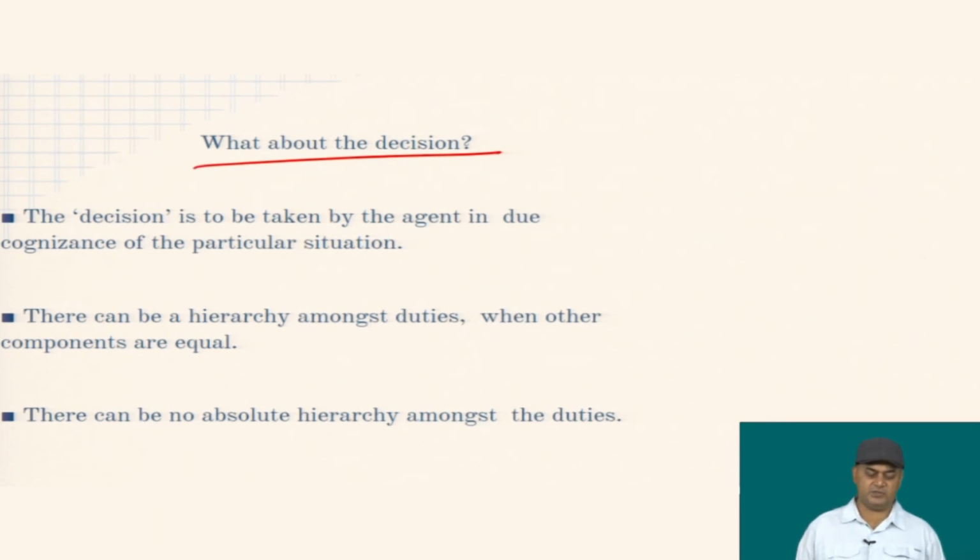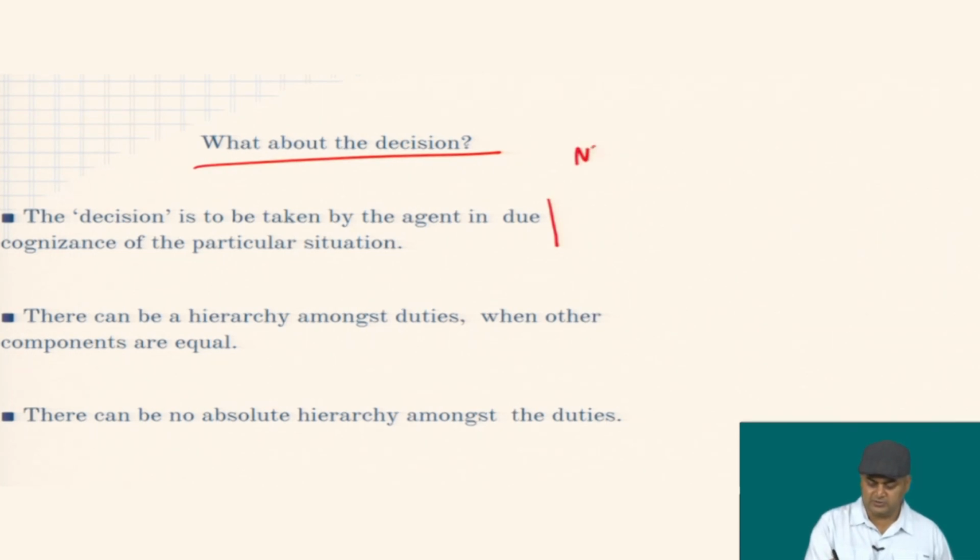The decision is to be taken by the agent in due cognizance of the particular situation. Is this set of 6 rules algorithmic and magical, that you just feed it into the form of an algorithm and it should be able to take decisions? Well, no. Ross has of course been thoughtful enough to understand that this cannot be a mechanical application of these rules.